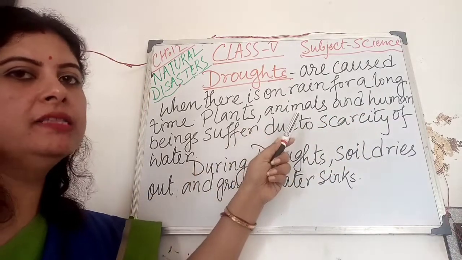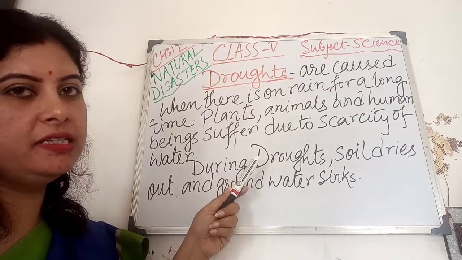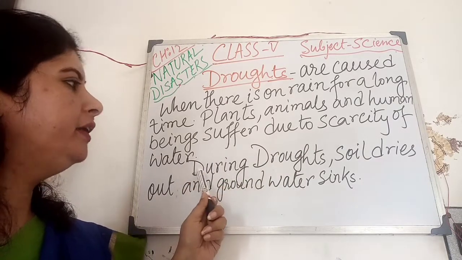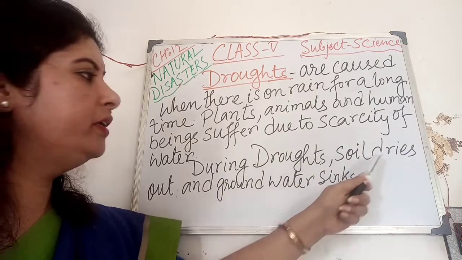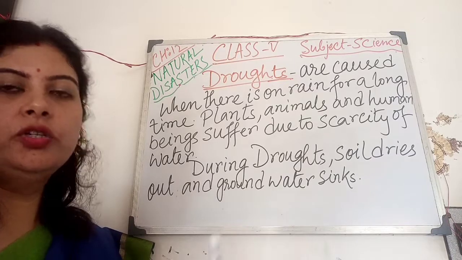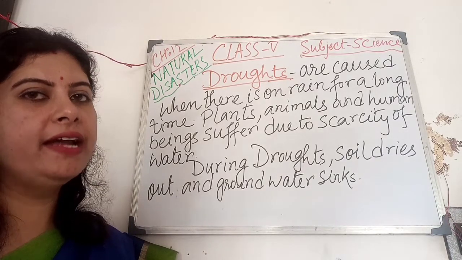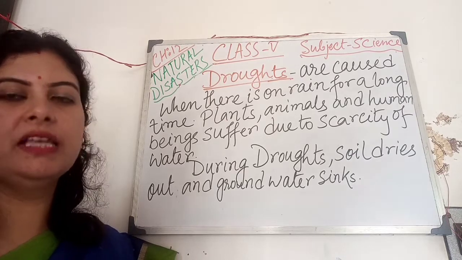Plants, animals, and human beings suffer due to scarcity of water. During droughts, soil dries out and groundwater sinks. Droughts usually occur in areas that are away from the sea.